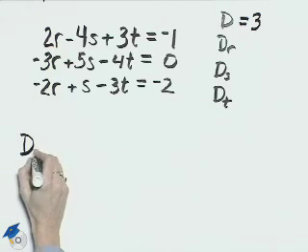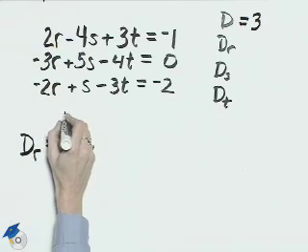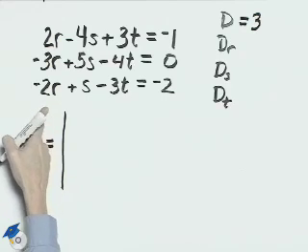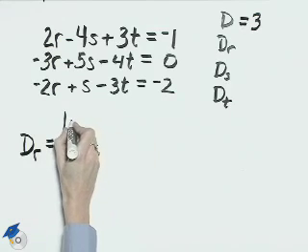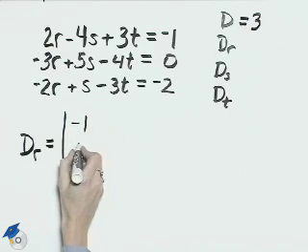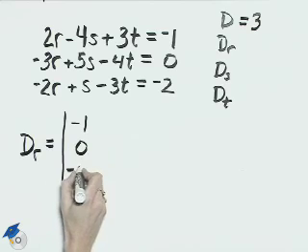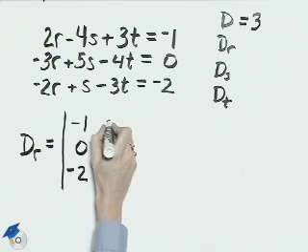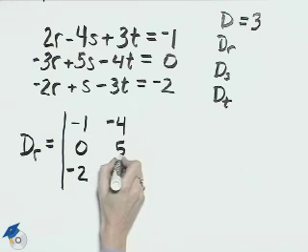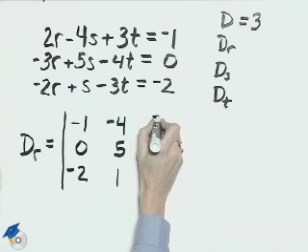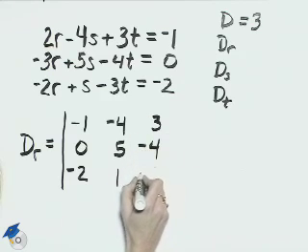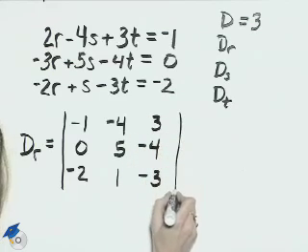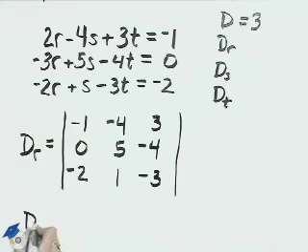For D sub R, when we write the determinant, we replace the coefficients of R with the constants. Going down the first column, that's -1, 0, and -2. Then we'll take the coefficients of S and the coefficients of T. And next we'll break this determinant down as well.